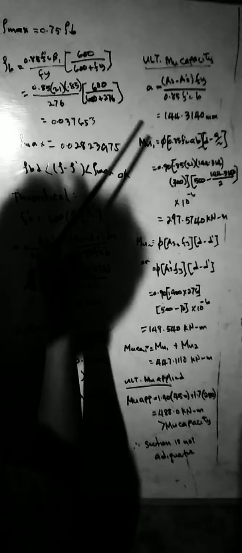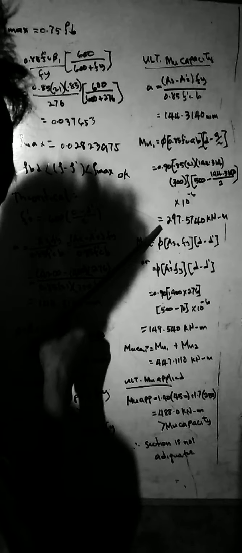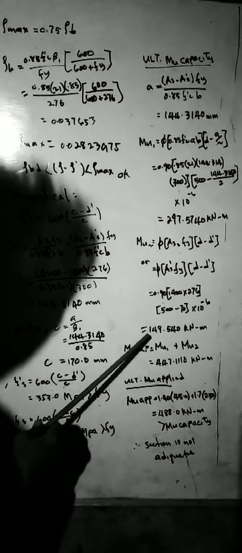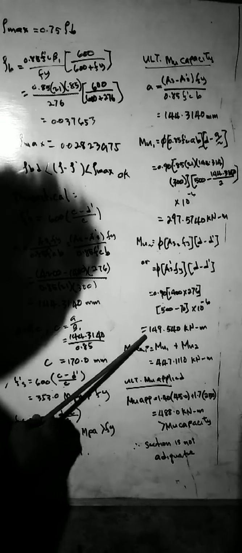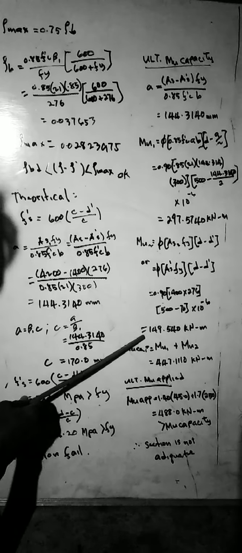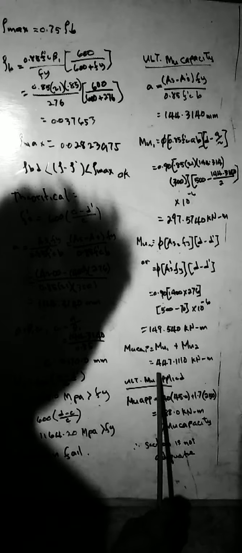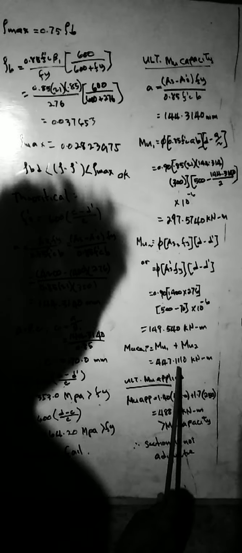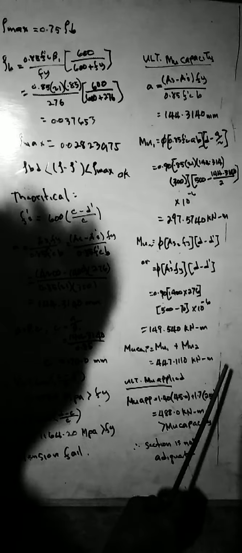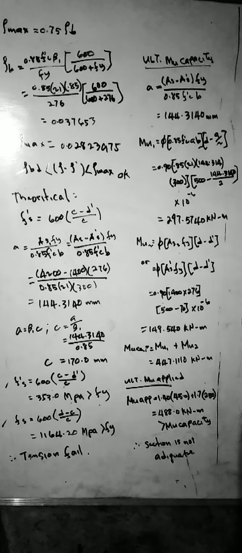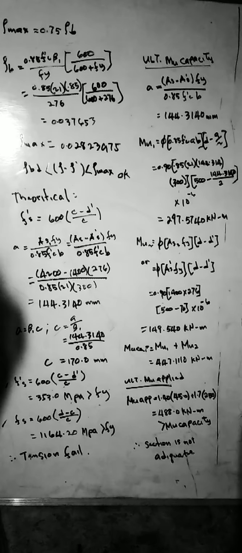This is the M_u1 and this is the M_u2. So combining those moments, we have the sum of 447.1110 kilonewton meter. That is the capacity of the section.